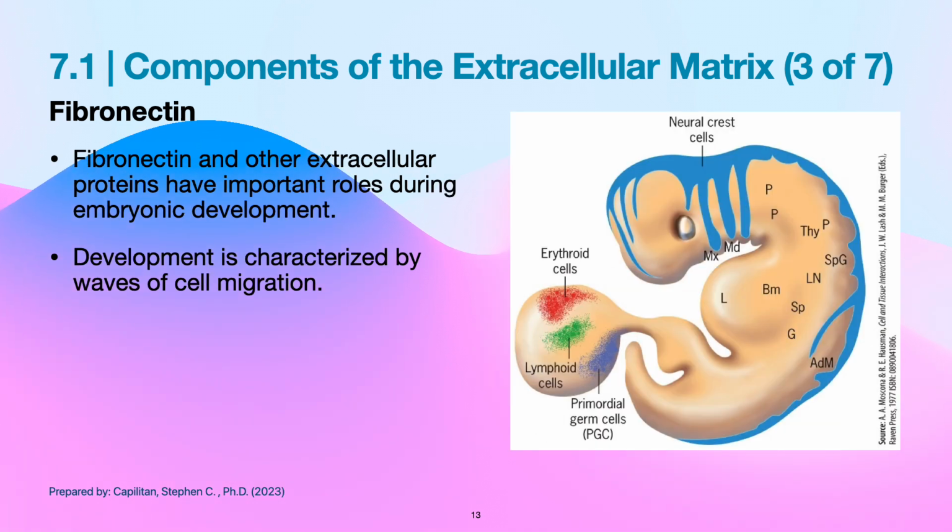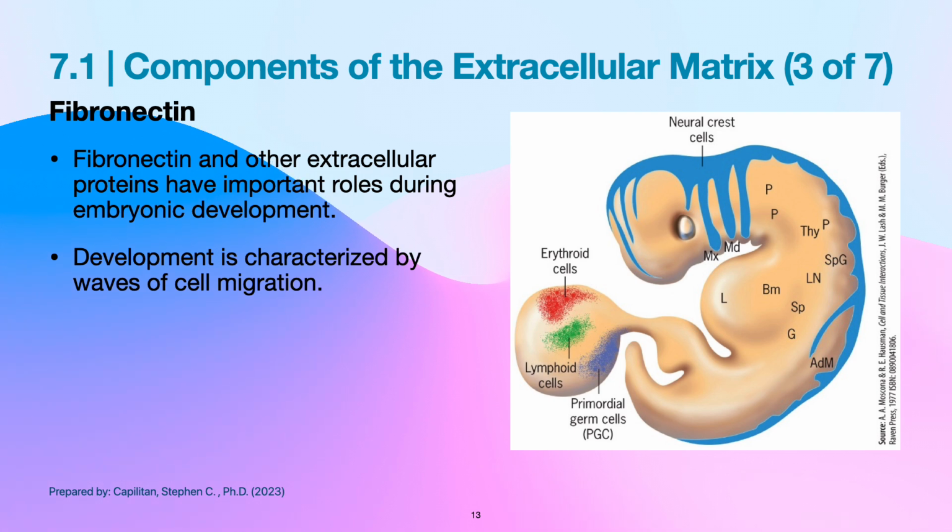They also, as I've said, have important roles during embryonic development, and development is characterized by waves of migration. So, showing you a figure of a photo of this particular chick, the role of cell migration during embryonic development. We have here a summary of some of the cellular traffic occurring during mammalian development.